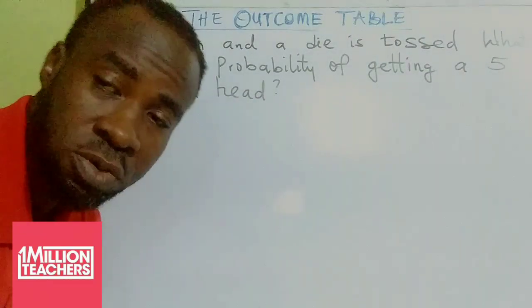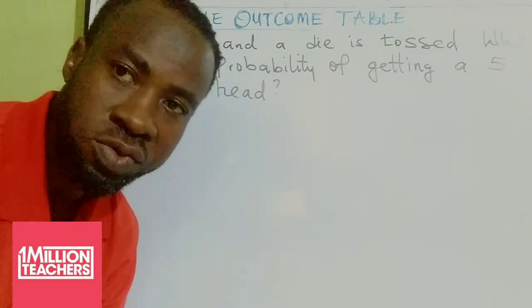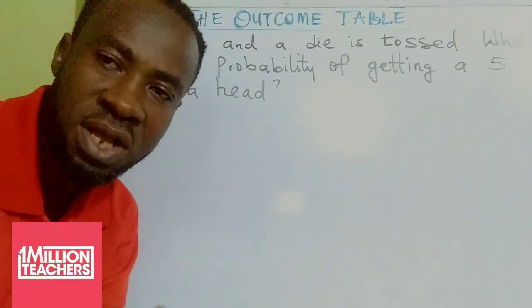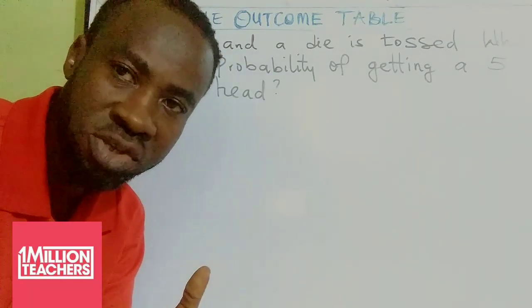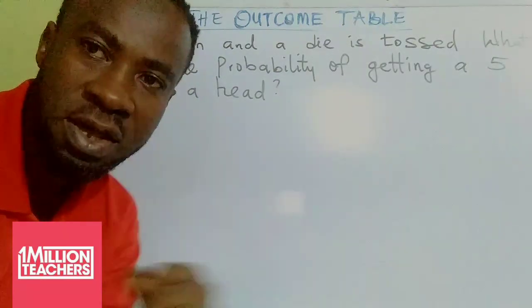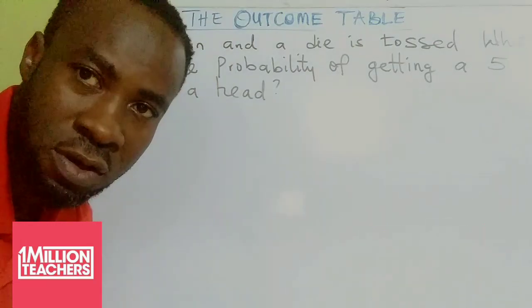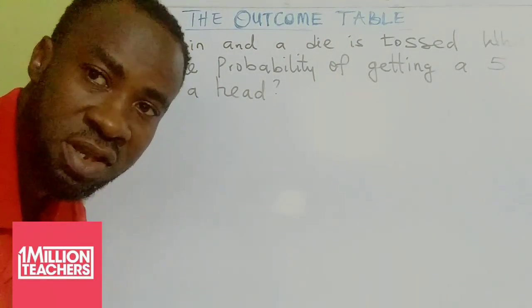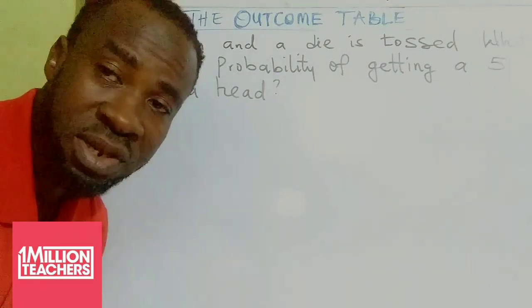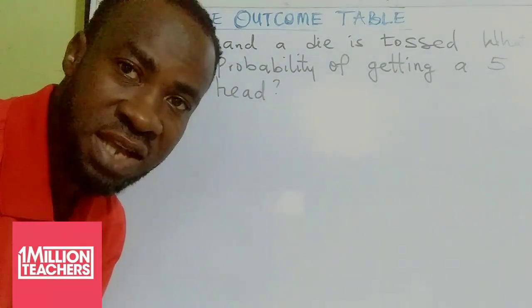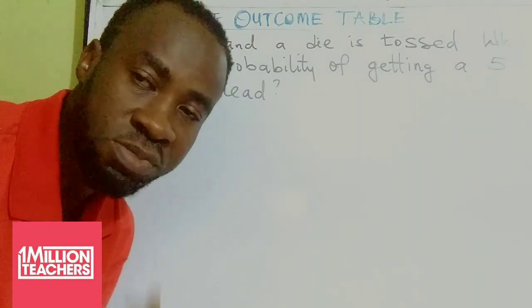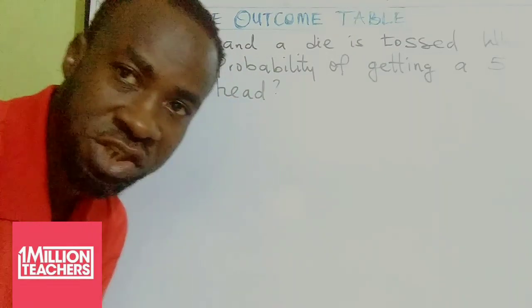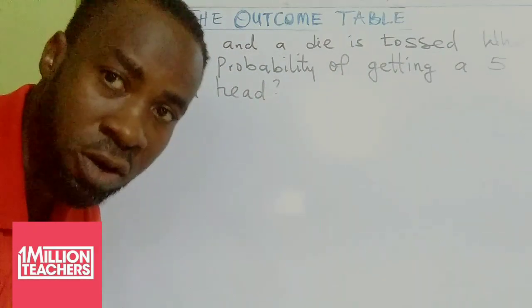The outcome table will help us to see a picture of all the outcomes, and therefore makes it possible for us to easily pick out the probability. This is just one of the methods in solving independent events, and I believe that anyone who masters how to construct an outcome table will save a lot of time, stress and energy in the examination hall.